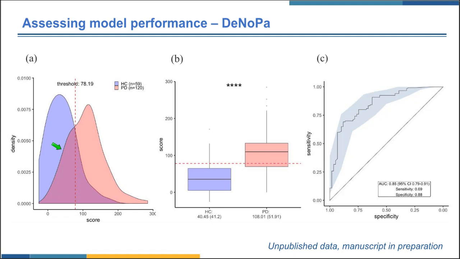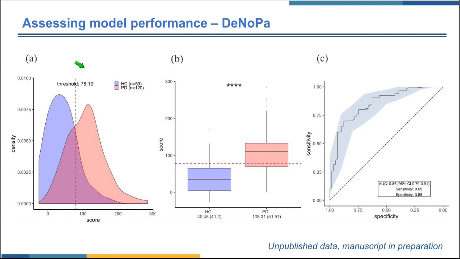The red vertical and red horizontal lines indicate the threshold we have right now for the sensitivity and specificity pair reported here. The threshold we have now is 78.19, and the model thinks everyone whose score is higher than this is a PD patient, and if lower, the model thinks you are a healthy control. We use that to generate this ROC curve.